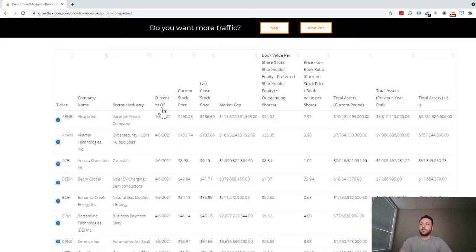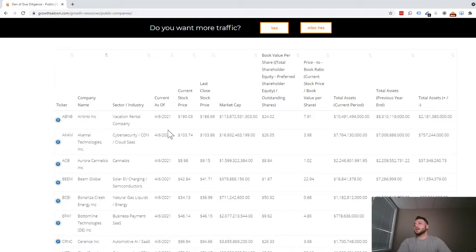You can see, obviously too, really quick before we really dive into it, the current as of. Now, all of these, they've got codes in the sheet that this imports from to basically update these prices every 20 minutes. So it'll always give you the current stock price, the last close price, the current market cap around this price you see here, and then these numbers will adjust accordingly as well. And we'll get into what those numbers are in a second.